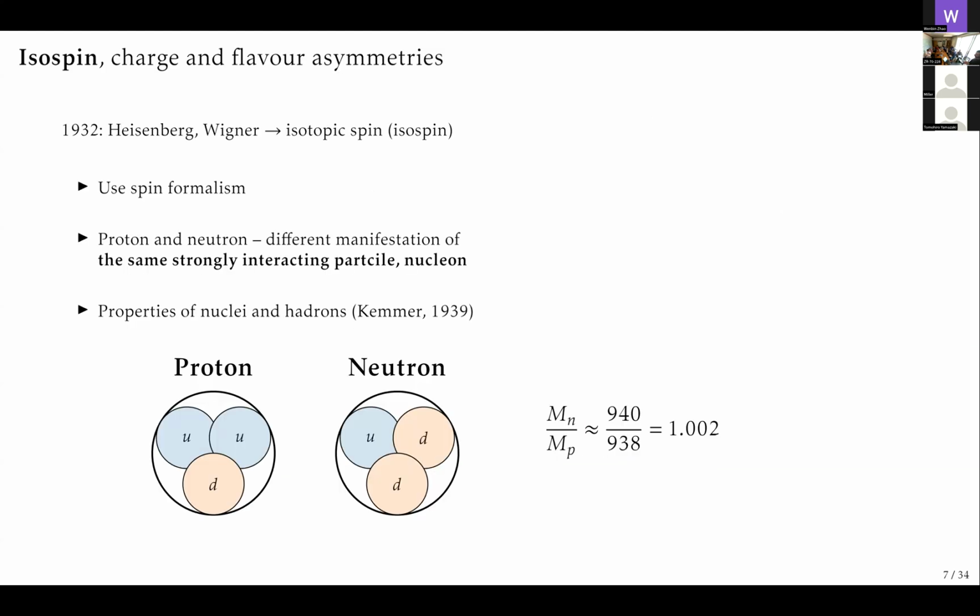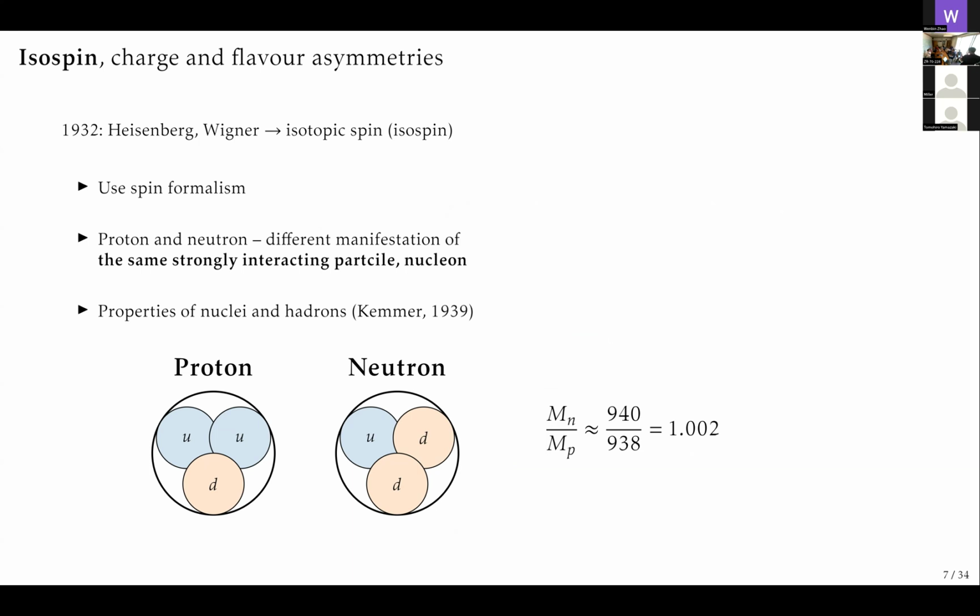So we start with isospin. It goes back almost 100 years ago to Heisenberg and Wigner, with the introduction of the isotopic spin, which uses a spin formalism very similar to the electron spin, some additional degree of freedom.